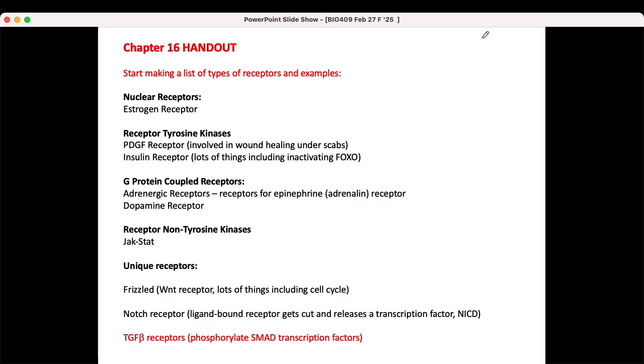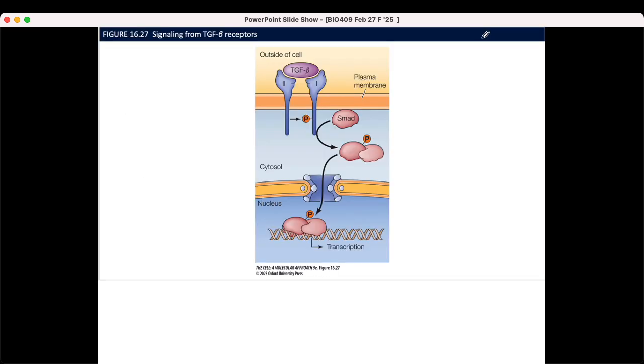So we just get another genomic example out of the deal. Our book shows this. There it is. And there's a bunch of different ligands because it's a superfamily. But it's not really dealt with in our book very much because it has such a kind of boring activation pathway. It just phosphorylates SMAD, and they go into the nucleus and activate transcription.